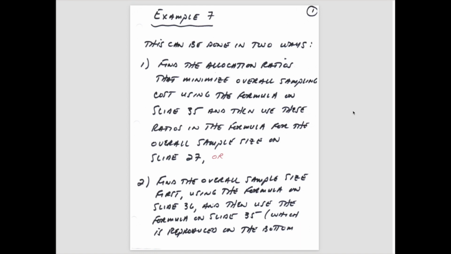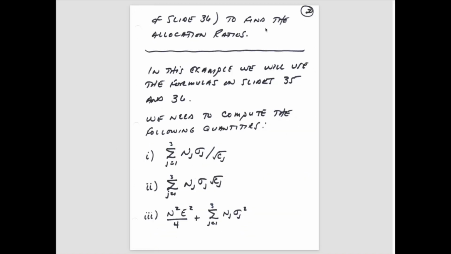Or, option number 2, find the overall sample size first using the formula on slide 36, and then use the formula on slide 35, which is reproduced on the bottom of slide 36, to find the allocation ratio. So either way, you'll get the same result. Now in this example, we'll use the formulas on slides 35 and 36 since we haven't used those yet. Now we need to calculate the following quantities, the various pieces of these formulas.